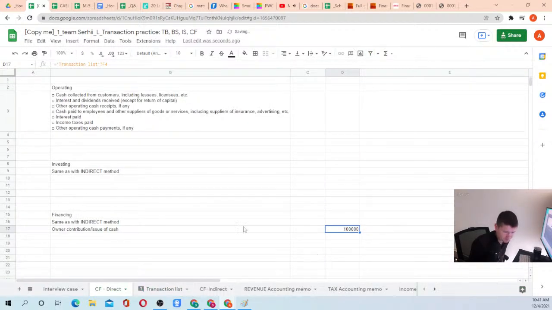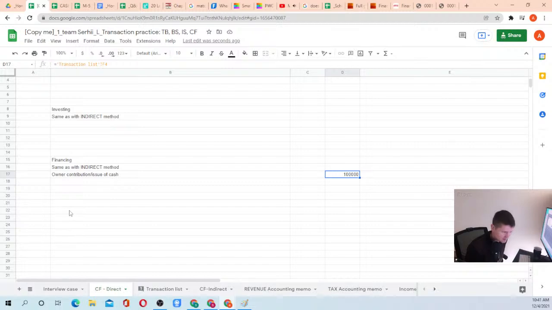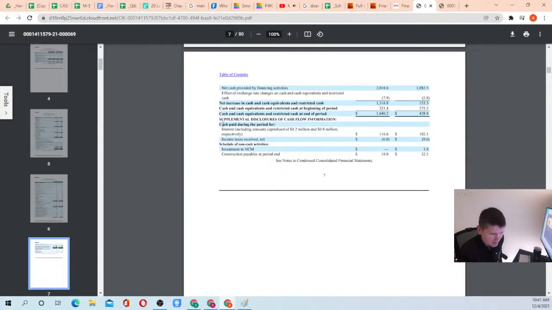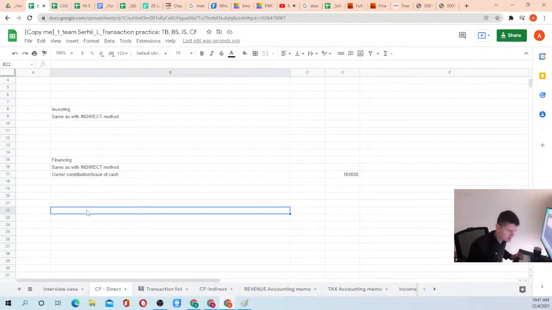Okay. So we have just increased our cash by 100K. Let's see what header we have here: net increase in cash equivalents and restricted cash. And let's put it here.